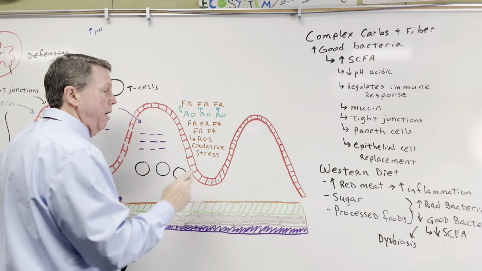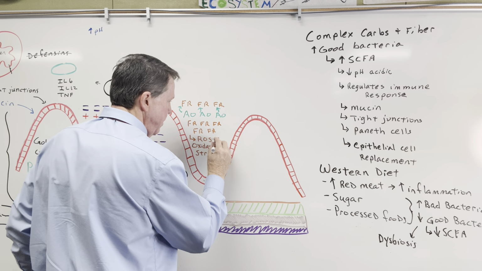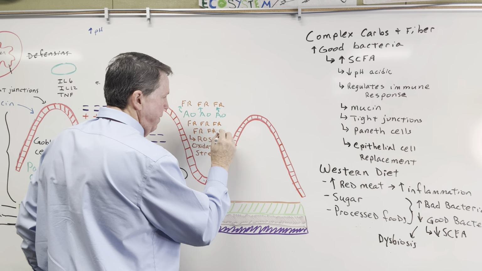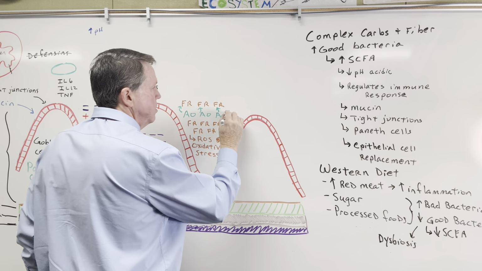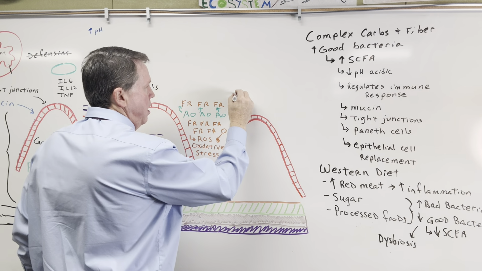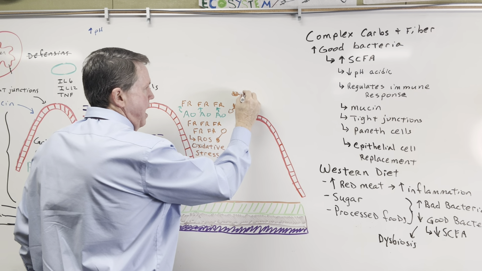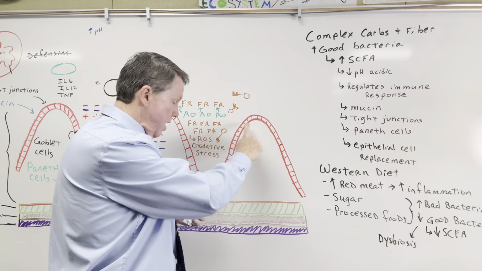So what happens now? These ROS are going to be molecules that basically have oxygen attached to them. There's the oxygen, right? And we're going to start making more and more of these. All right? And then what they're going to do is this. Remember those epithelial cells we were talking about?